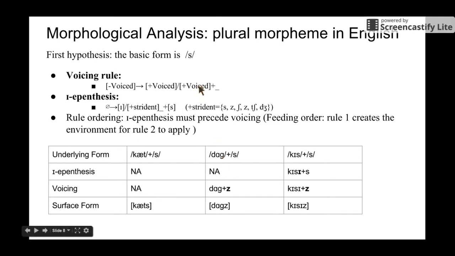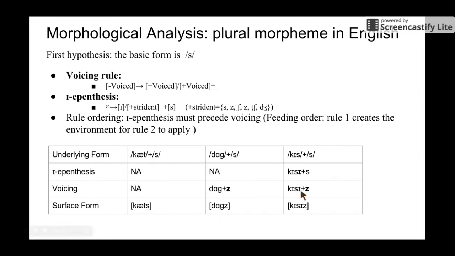Because g is a voiced sound, so the voicing rule applies to this one. S becomes z, right? And here we have a similar situation. We have this vowel. This vowel is a voiced sound, right? So the voicing rule applies as well. S becomes z. And we got a final output. Cats, dogs, kisses. We have a correct analysis.